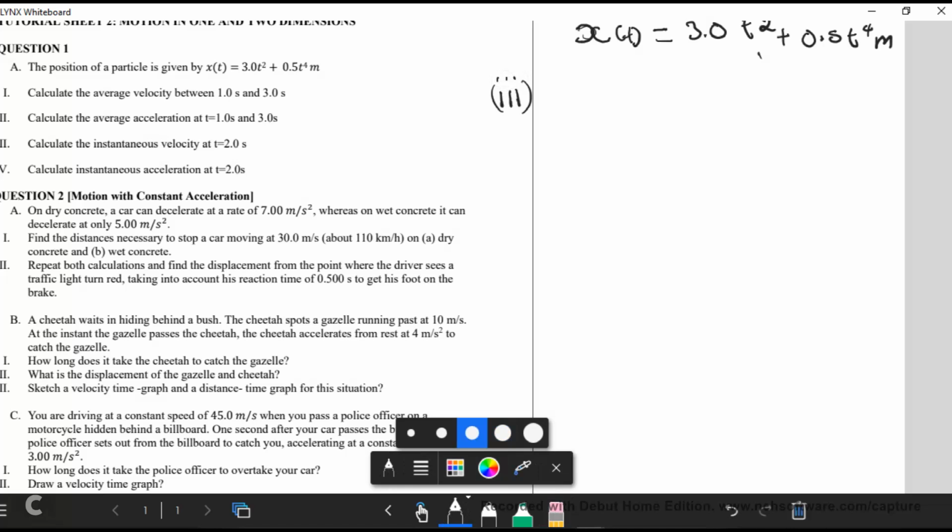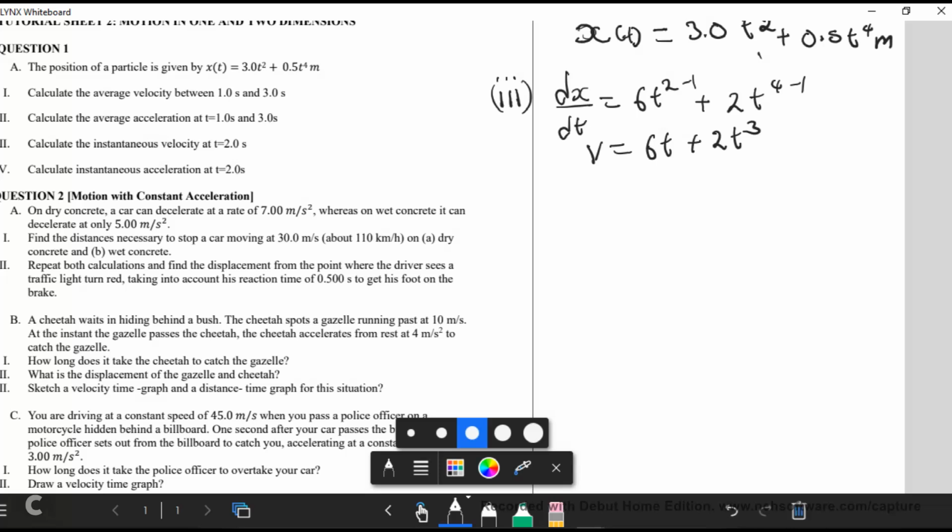As I said, for us to find the velocity, we have to differentiate the displacement. So dx over dt is equal to 6t to the power 2 minus 1 plus 2 times 4 minus 1, such that the differentiated equation becomes the velocity. So it will be 6t to the power 1 plus 2 to the power 3.